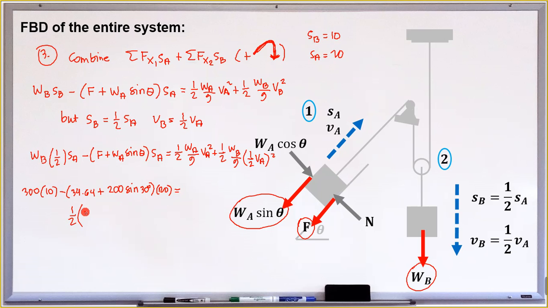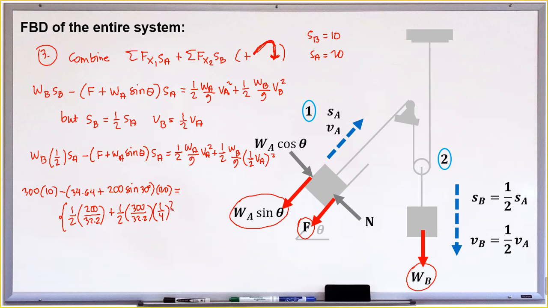That is equal to 1/2 the weight of A, 200 over 32.2, plus 1/2 the weight of B, 300 over 32.2, and then 1/4 of it, because of this 1/2 VA squared, so 1/4.